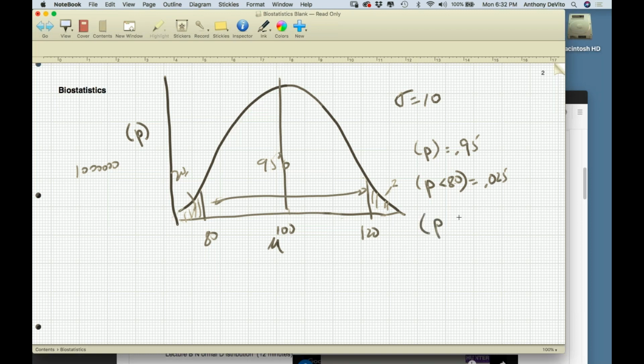Similarly, the probability that you would select someone that's greater than 120 is going to be equal to 0.025 as well. Okay, how about this oddball?